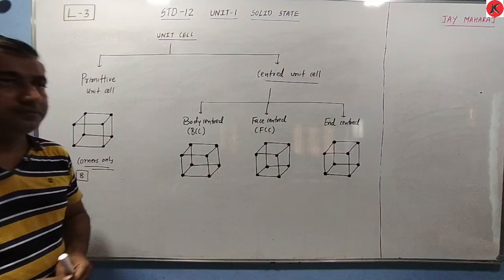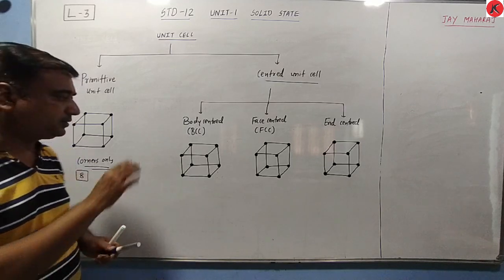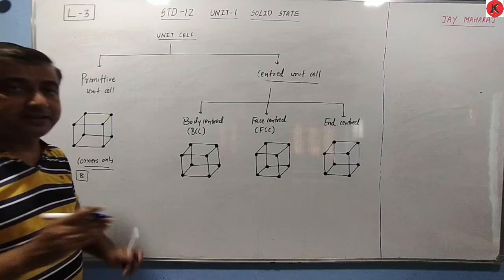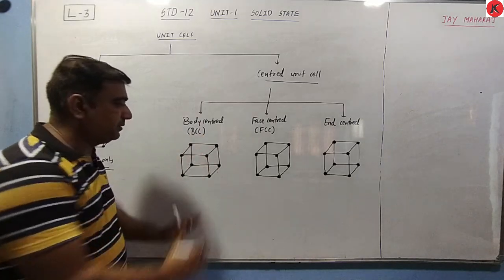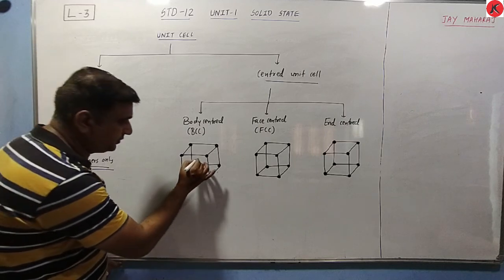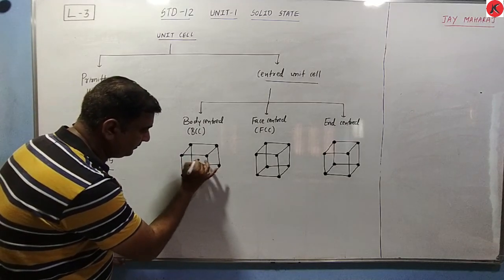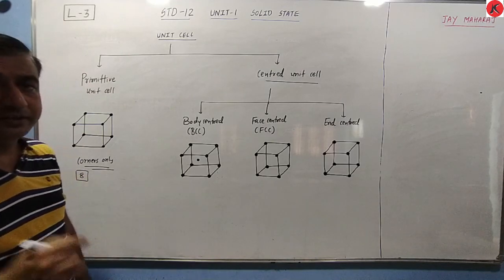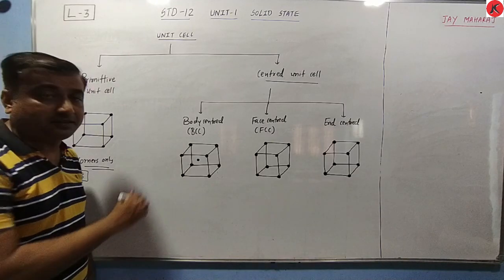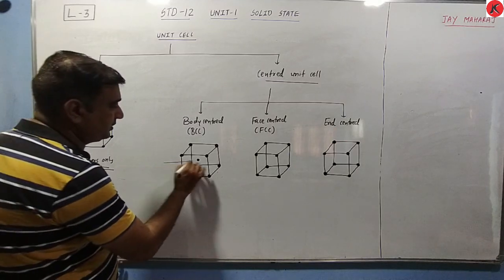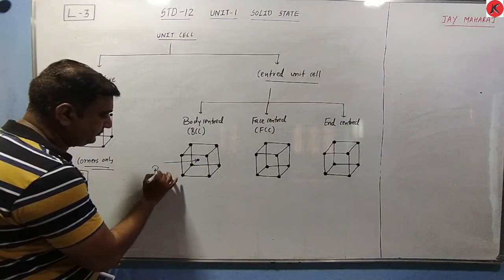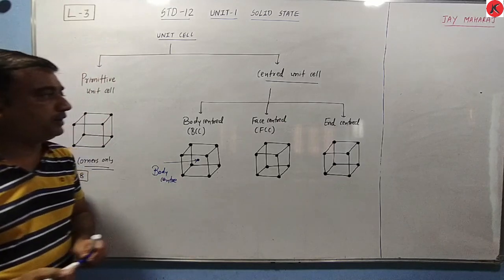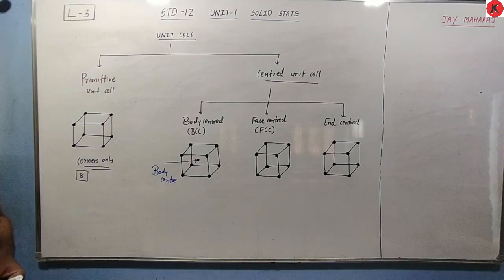Now for body centered, that means corners plus an additional site, here the body center, the center of this cubic unit cell. That means one extra lattice point, or particle, at the body center. Therefore, it is known as the body centered unit cell.